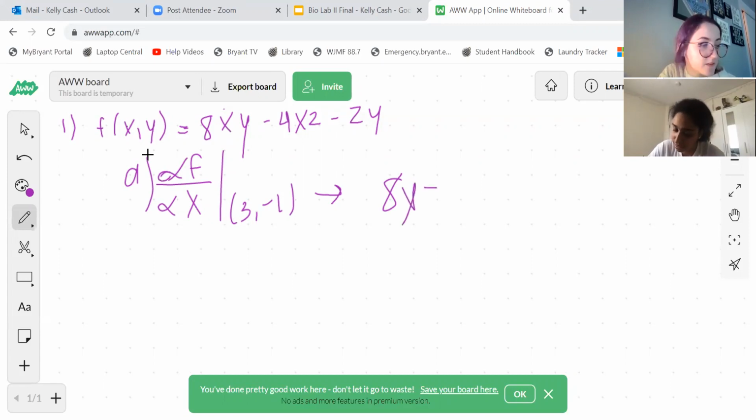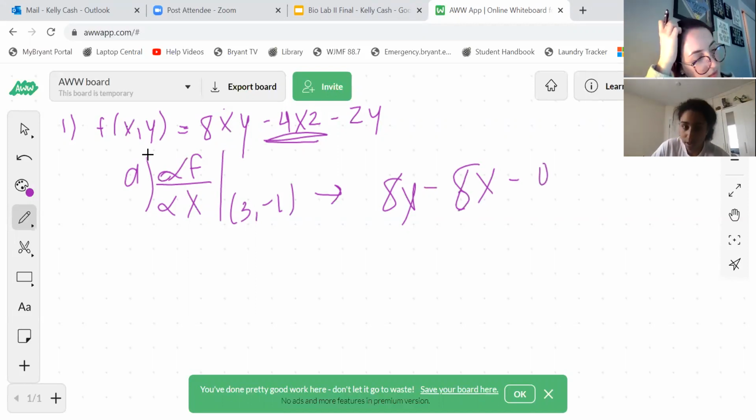And then what's the rest of it? Minus 4x minus 2y. So what happens when I take the derivative of this part? 8x. Yep. And then the 2y is going to disappear. It's just going to be 0 because y is a constant. Okay. So it's 8y minus 8x.